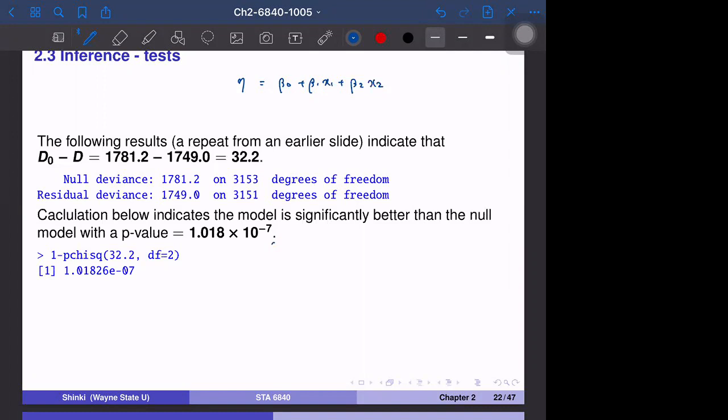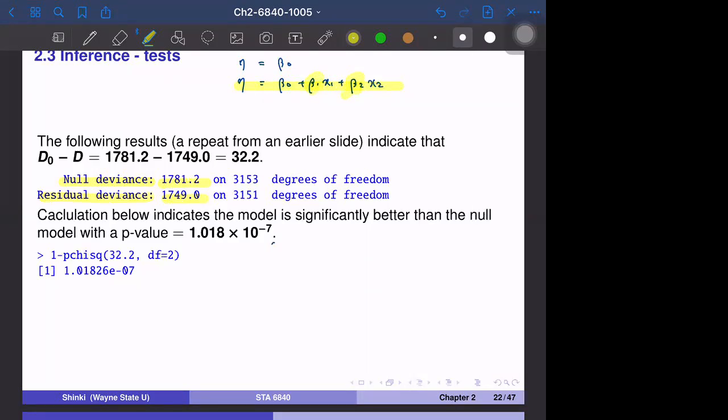So we have two parameters. We want to compare this model with the null model, that is eta equal to beta naught. At first we compute the null deviance and the residual deviance, that is the deviance for this model. We get 1781.2 and 1749. The degrees of freedom is 2 because we have beta 1 and beta 2 here.